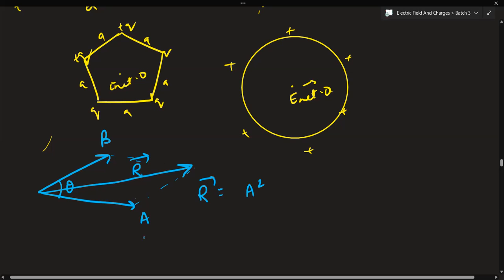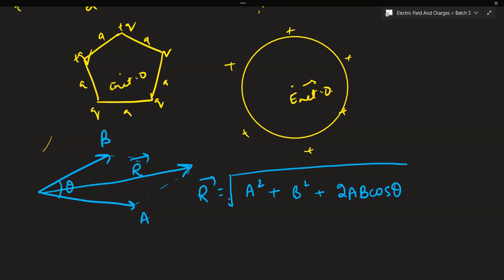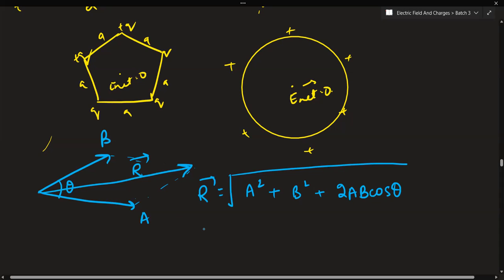Square of the magnitude of the first vector plus square of the magnitude of the second vector plus 2 times the first vector multiplied by the second vector multiplied by cosine of theta, the angle separating them, all under a root sign. I'm not doing the derivation because in your 12th standard this is not required. You should know the result and how to solve it.